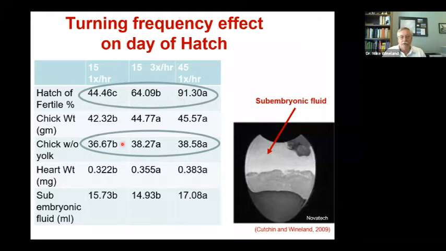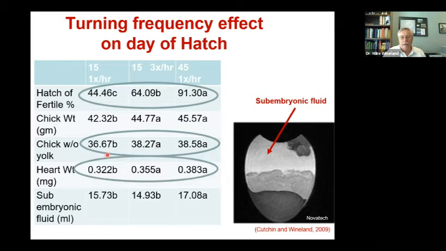And you can also see that the size of the chick was different. Here this is chick without the residual yolk sac involved, and you can see it was 38.58 grams versus 36.67 for the 15 one time per hour. But the size of the chick did increase if she increased the frequency of turning at that low turning angle.